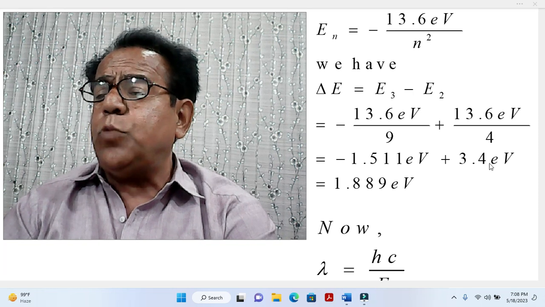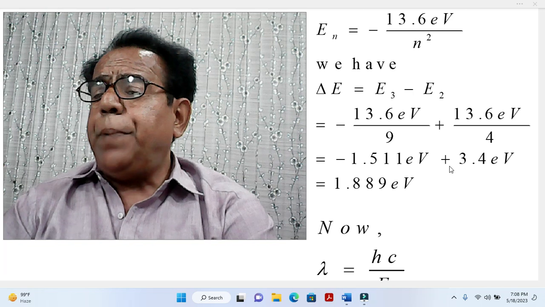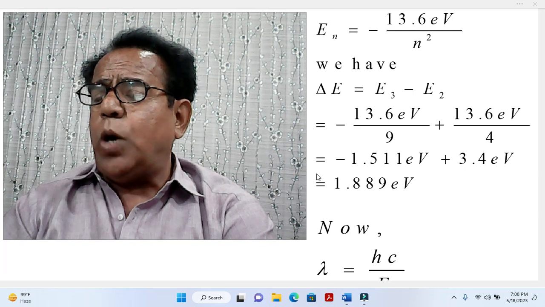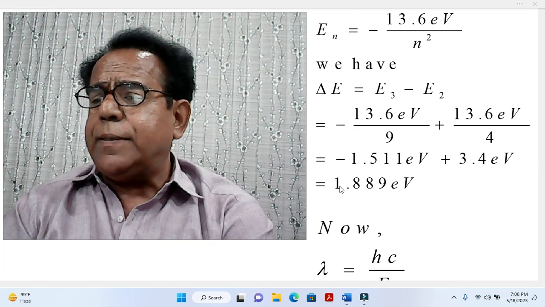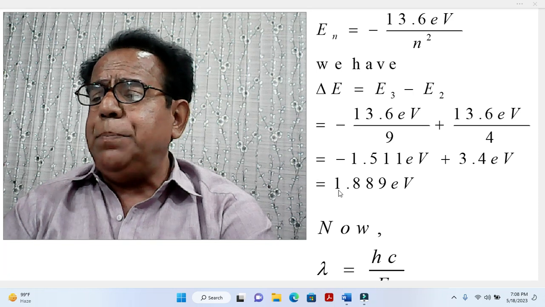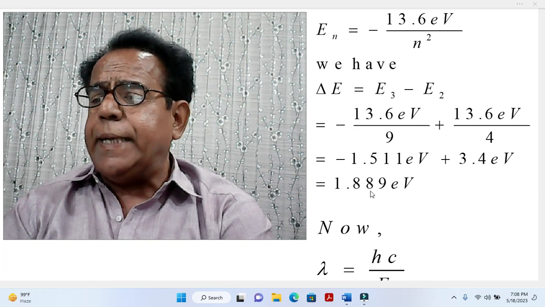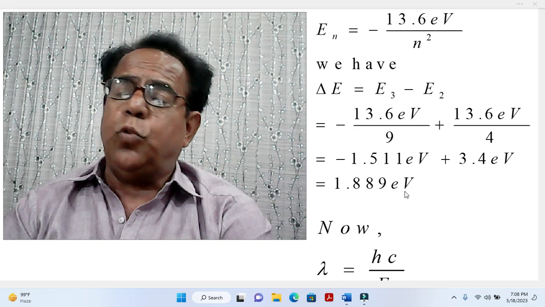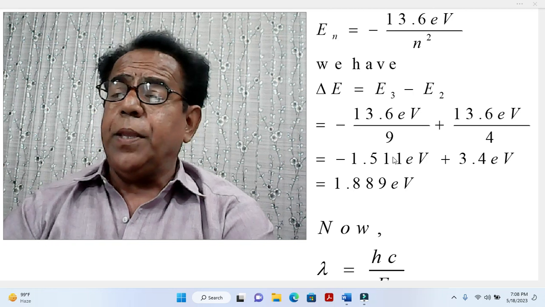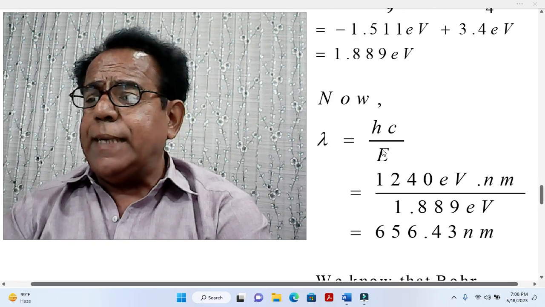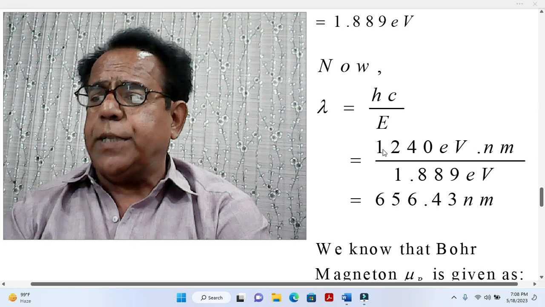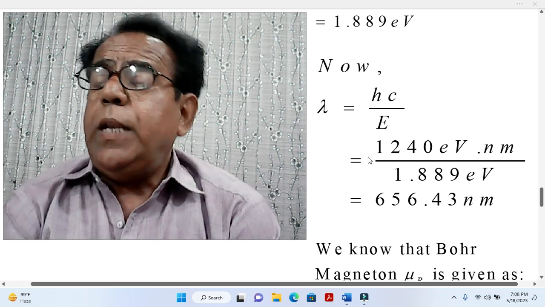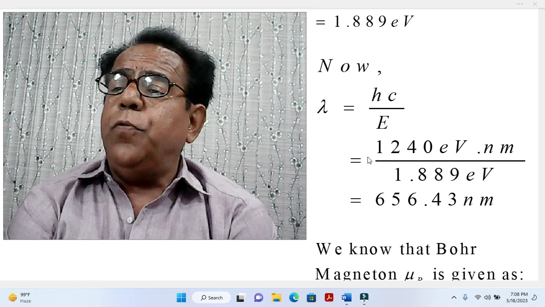Here, dear students, because the plus figure is greater, our result will also be plus, and hence delta E becomes equal to 1.889 electron volt. I think to this extent there should be no confusion. Now lambda is equal to hc over E.